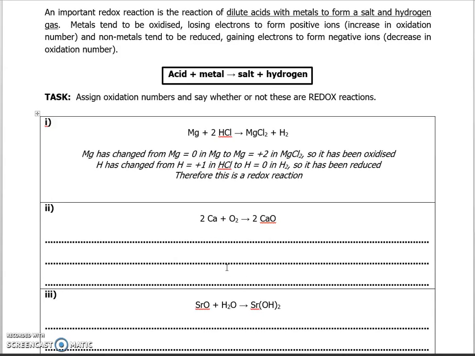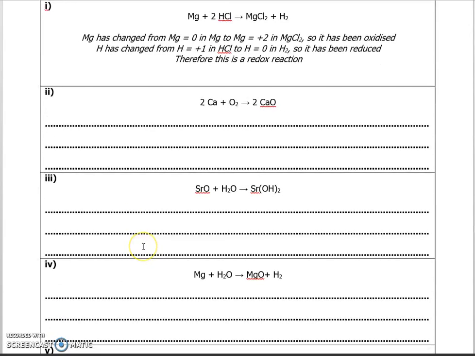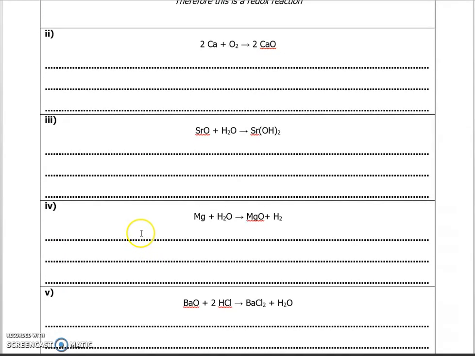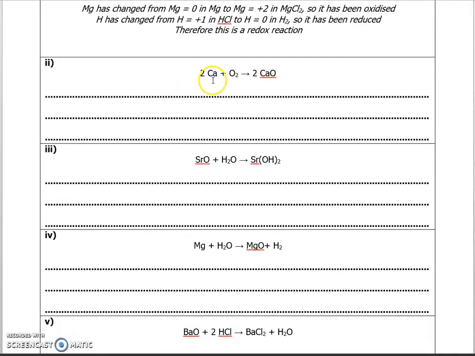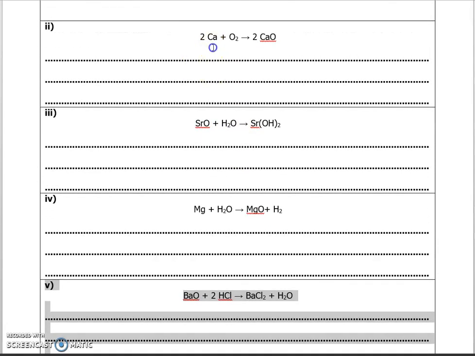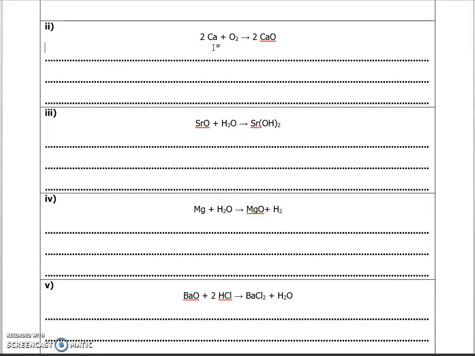Right. So, let's look at a couple of these reactions. Are these redox reactions? Are they not? What we can see here is calcium starts off at oxidation number 0. Oxygen, in its elemental state, also starts off at oxidation number 0. When you have two elements which combine to form a compound, then it has to be a redox reaction because they're made of bonds with each other.